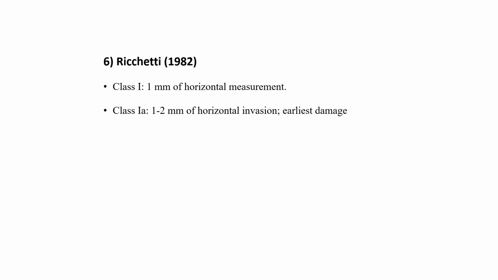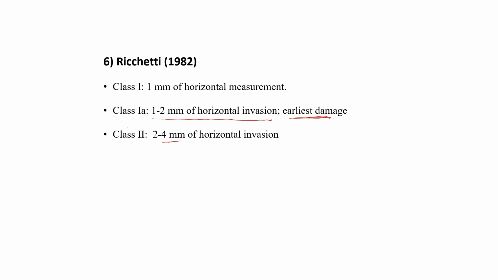Next we come on to Ricchetti's classification, which was given in 1982. According to him, class 1, when there is 1 mm horizontal measurement of bone loss or furcation involvement. Class 1A, 1 to 2 mm of horizontal invasion, but there is certain kind of earliest damage.